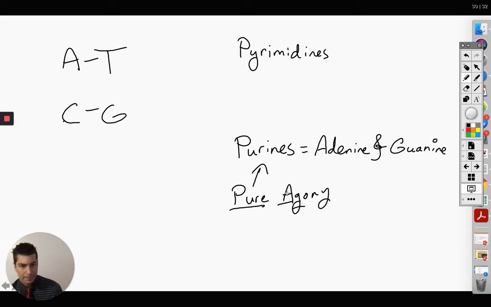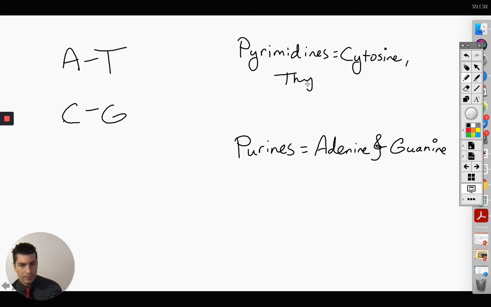That's how I remember that one. And then all of your other nucleotides are going to be pyrimidines. This is going to be our cytosine, our thymine, and then for RNA, our uracil. Okay?